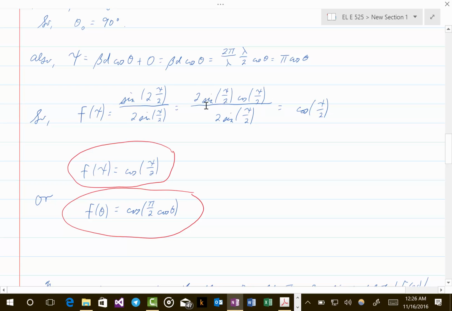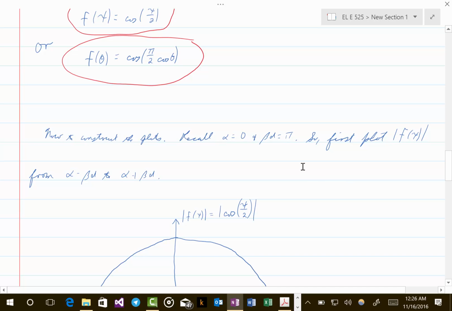And of course the denominator will cancel the first part of the numerator, and we're just left with cosine of psi over 2. So f, written in terms of psi, is equal to cosine of psi over 2, but since psi is pi cosine theta, when we write f in terms of theta, we have f of theta is equal to cosine of pi over 2 cosine theta.